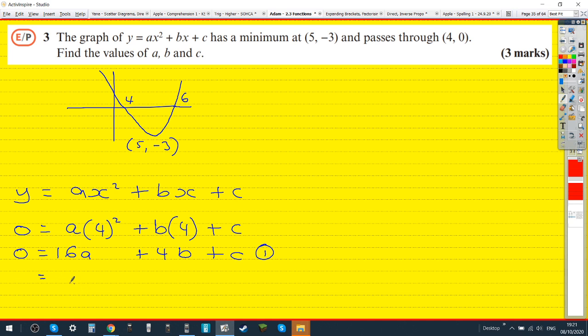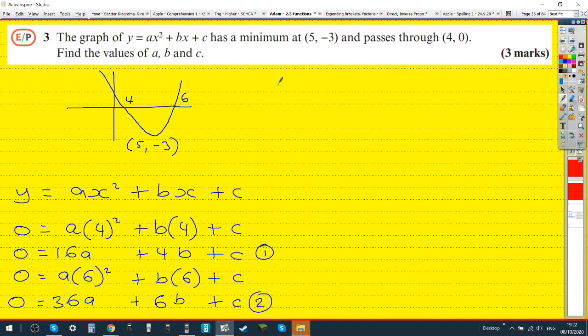So 0 equals a times 6 squared plus b times 6 plus c. So 0 equals 36a plus 6b plus c. So that's the second equation.